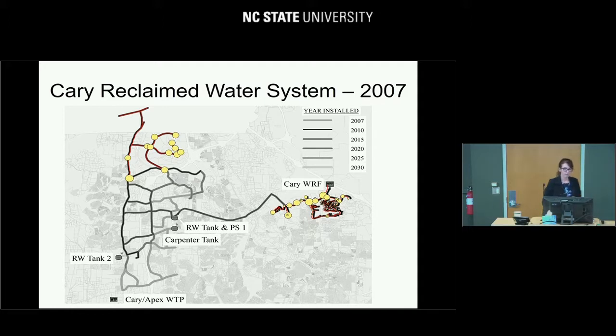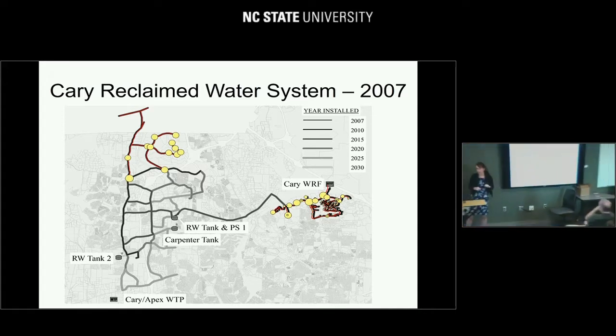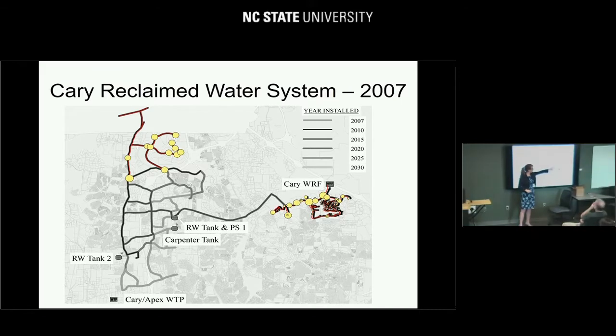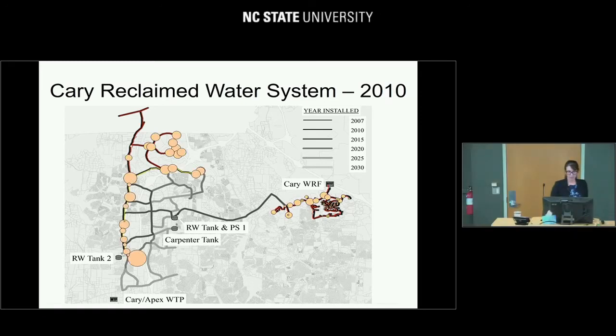So this is planned out in phases. I'm using a master plan that has, since we started this research, been replaced. When they started this plan, this was how things looked in 2007. This is the Cary reclaimed water treatment and is piping water to these homes. This water is coming from a treatment plant in Durham, so it's not part of the Cary system at this phase.